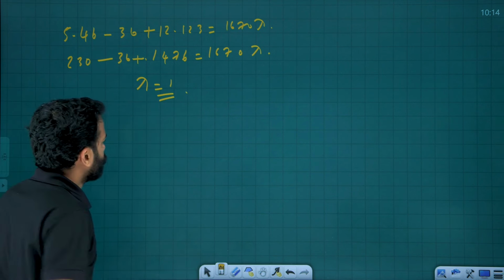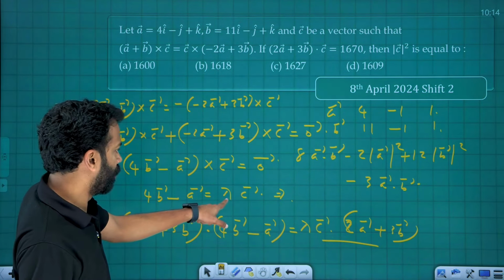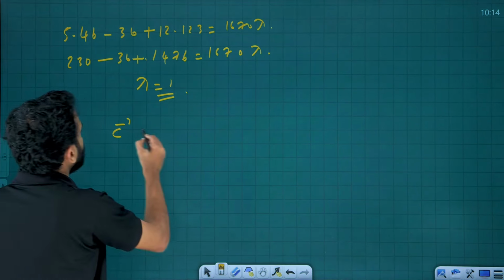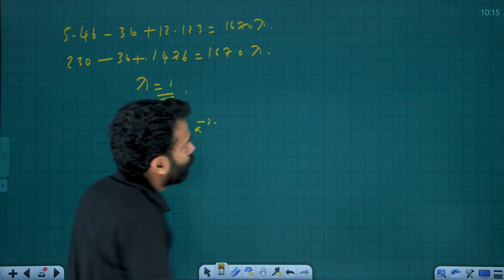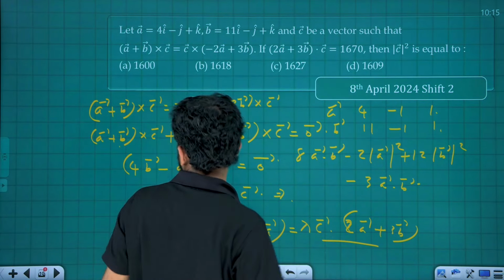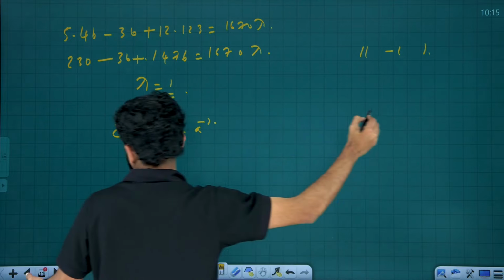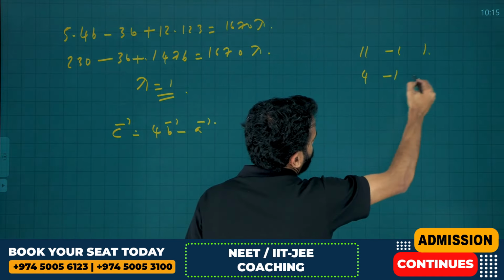Lambda is 1. Okay, so what was the value of vector C? Vector C is equal to 4B minus A. What was vector B again? I think B is 11i − j + k, and A is 4i − j + k.